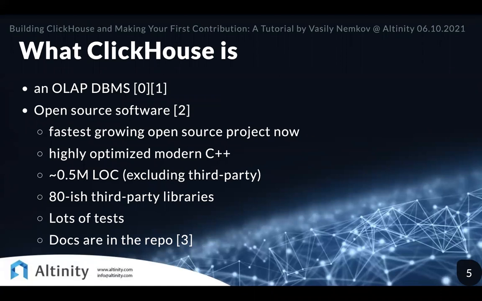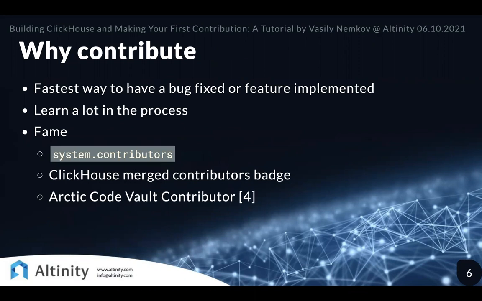It's about 500,000 lines of code if you exclude all the third parties, and it utilizes about 80 to 84 third-party libraries and components, I'm not sure about the exact number. It has lots of tests, and it also provides very useful and very detailed documentation, which is also provided in the repository, which you can actually contribute to and modify. So why should you contribute?